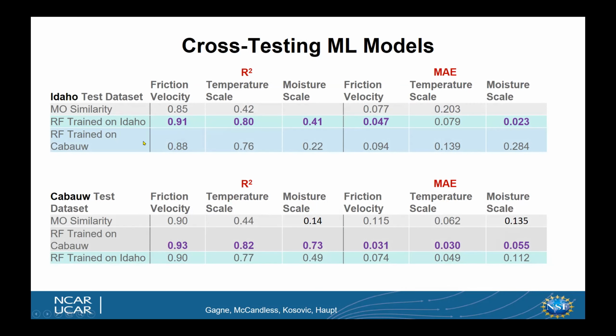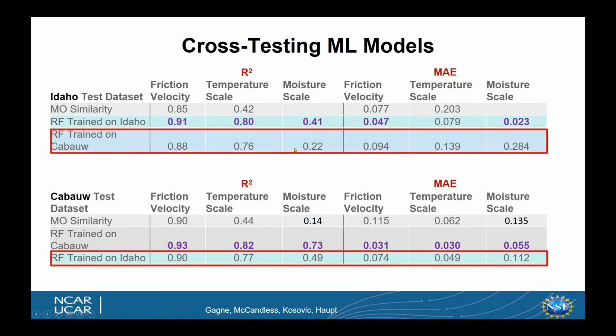Now, when we look at it in table form, again in terms of random forest, at this point we are doing a better prediction at the site for the friction, temperature, and moisture scale. But what's really interesting is when we take the random forest trained at Cabauw and apply it to the Idaho data, we're still outperforming.